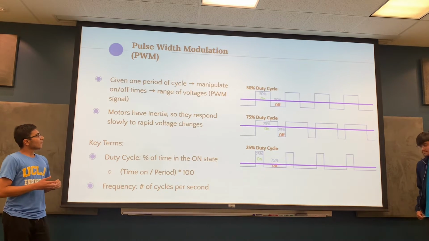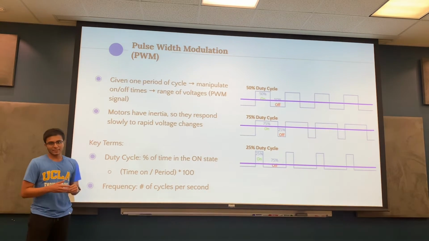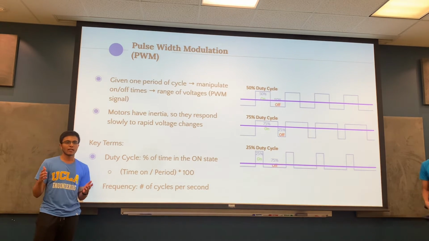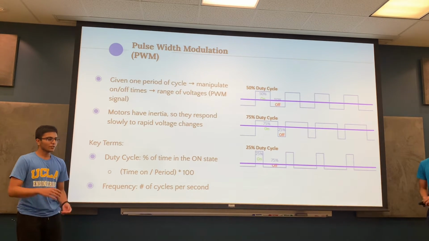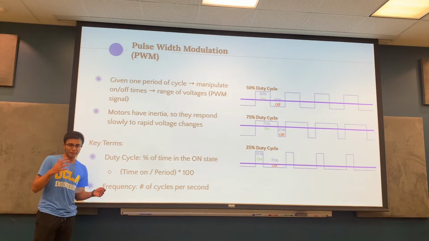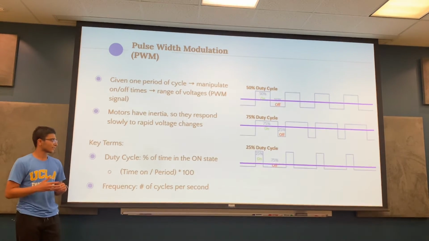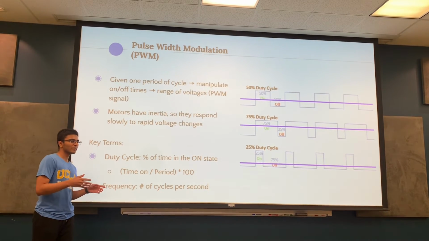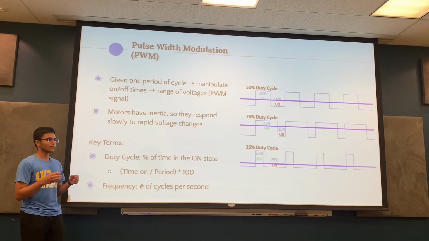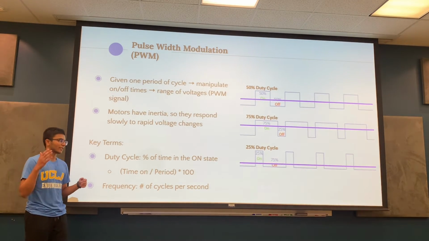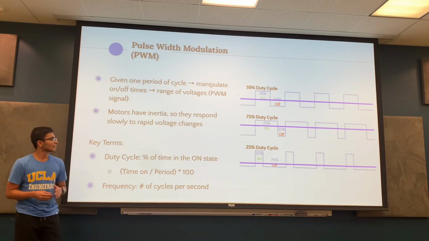Essentially, instead of telling your motor to stay on for a long period of time or turn off for a long period of time, you constantly keep turning the motor on and off really, really fast, thousands of times per second, so that it's not going at full speed, but it's also not completely at a stop. The inertia that the wheels have will keep carrying it through when it's off.